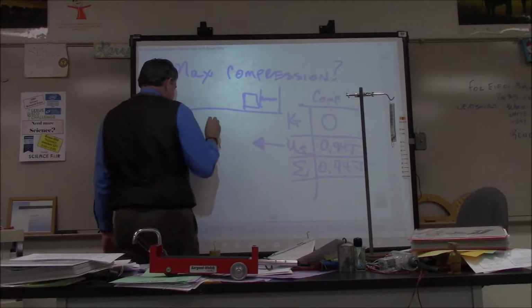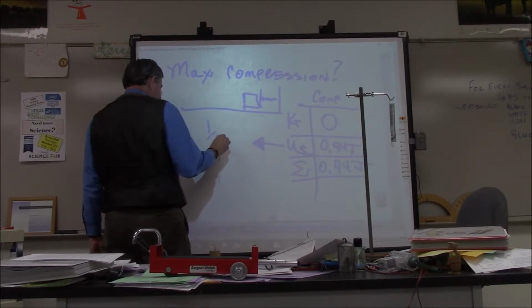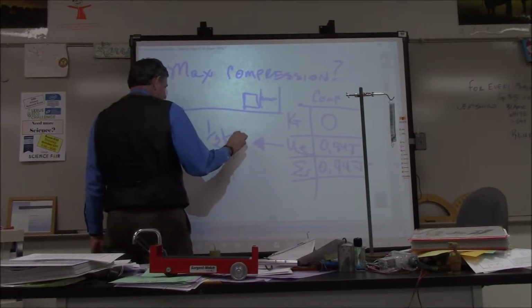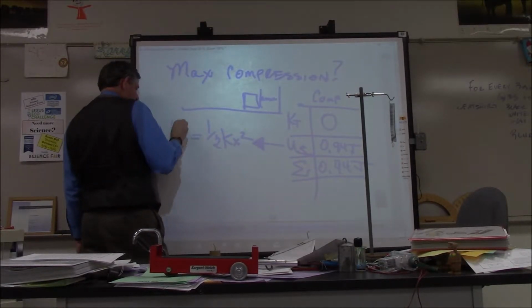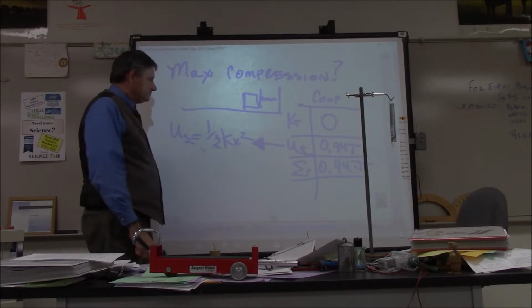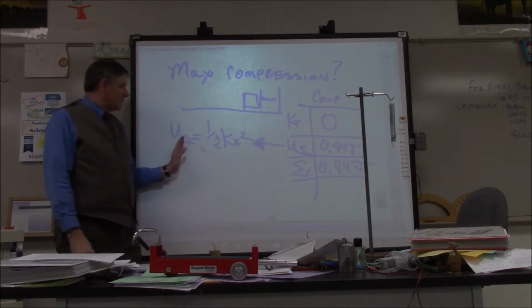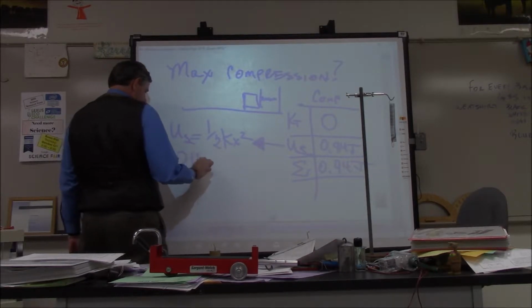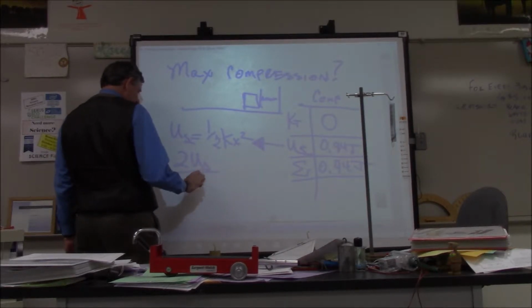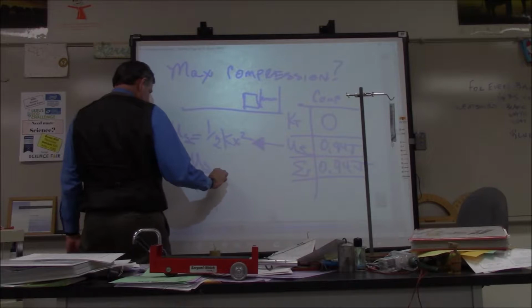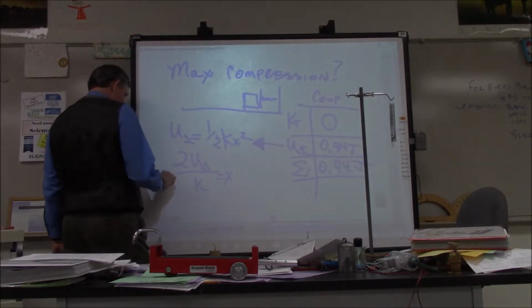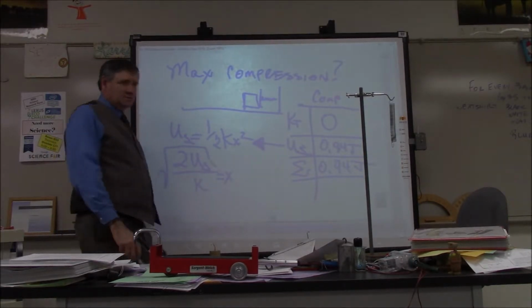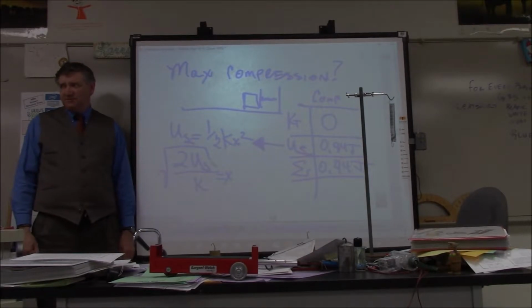You're close. But it isn't 1/2 kx. Oh, 1/2 kx squared. Yeah. Equals Us, right? Okay? So, you got 1/2 kx squared, solve for x, go to 2Us over k is going to equal x squared. Square root of that.